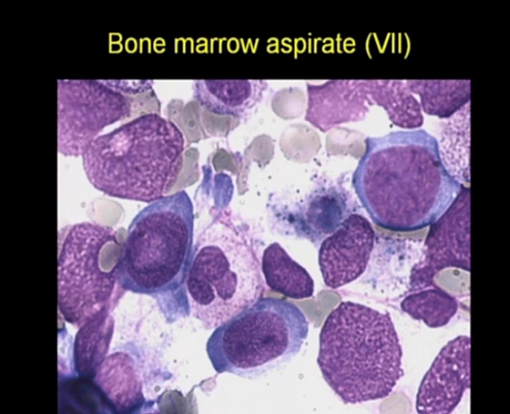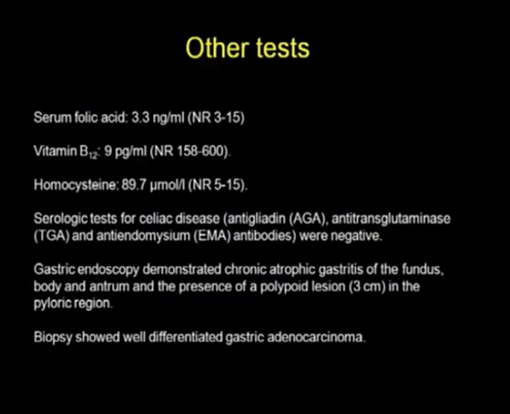So we saw dysplasia in all three lineages: granulocytic, megakaryocytic, and erythroid, with those megaloblastic changes. But due to some hallmarks, that are hypersegmentation, giant metamyelocytes, and typical red blood cells, the morphological conclusion oriented to a deficiency.